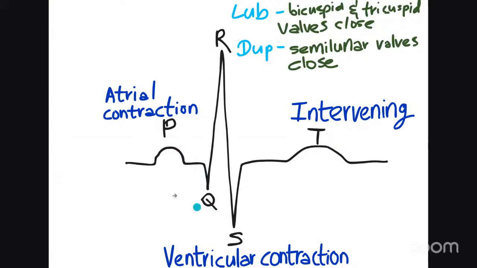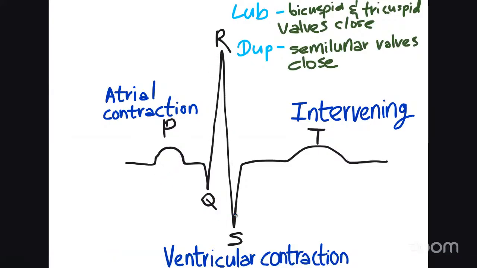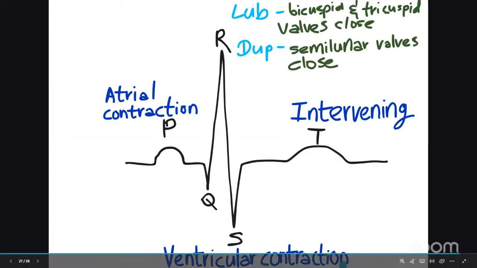This is one whole wave; the P wave is separate. QRS is going to show the ventricular contraction.